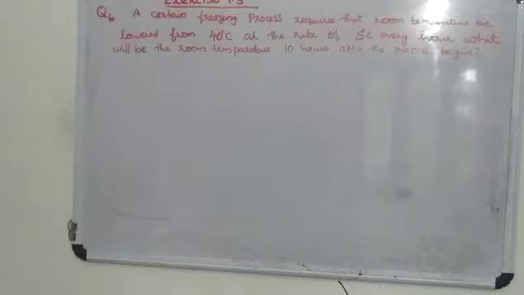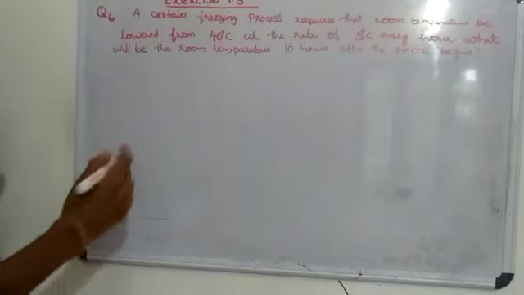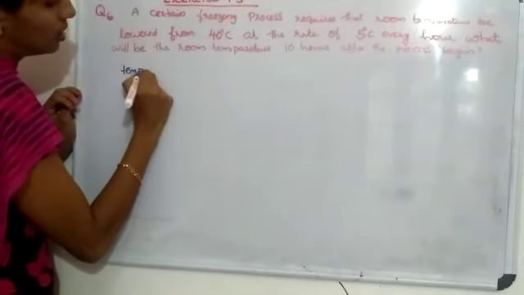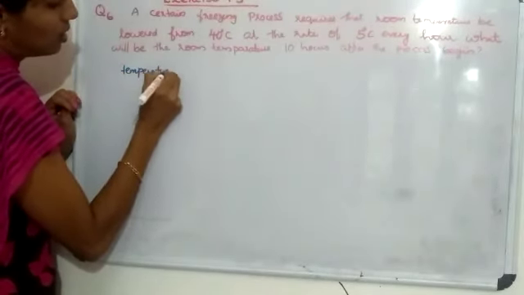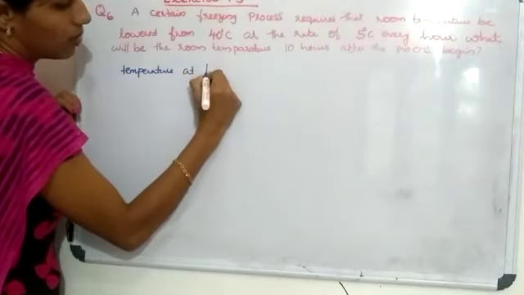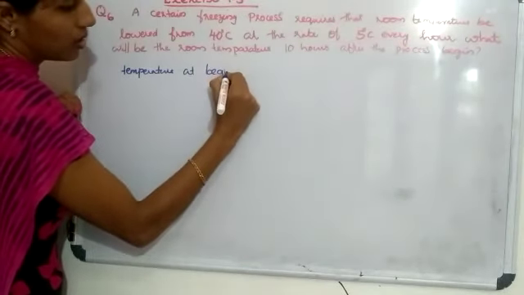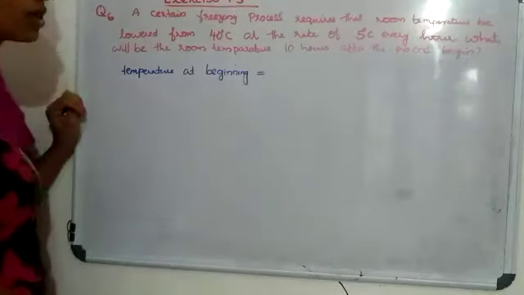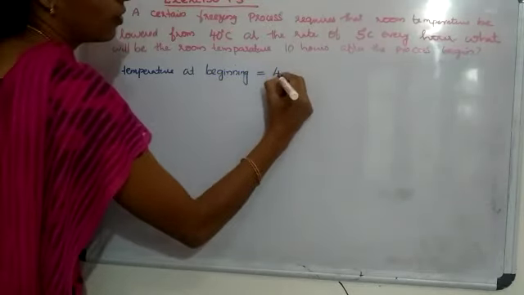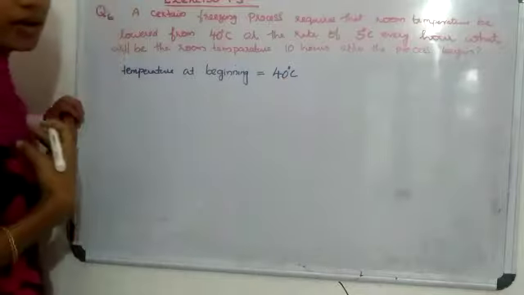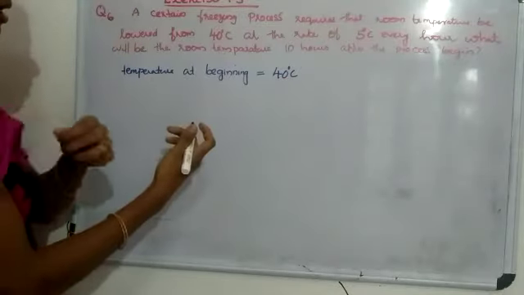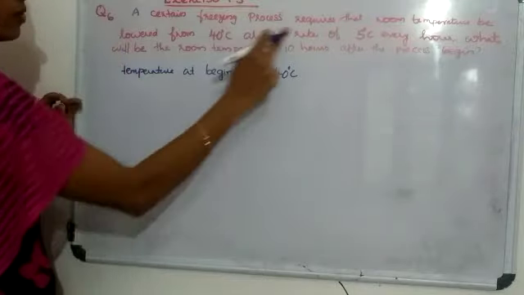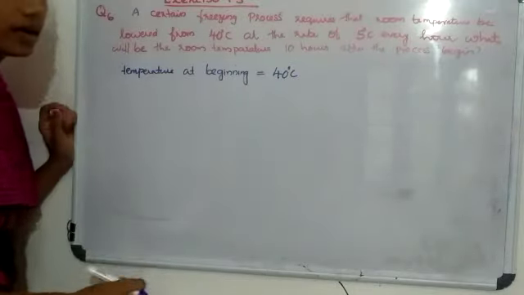So it is clear. So temperature at beginning. What will be the temperature at the beginning? It is 40 degrees Celsius. It is given in our question, right? Then after every hour 5 degrees Celsius will be decreasing.